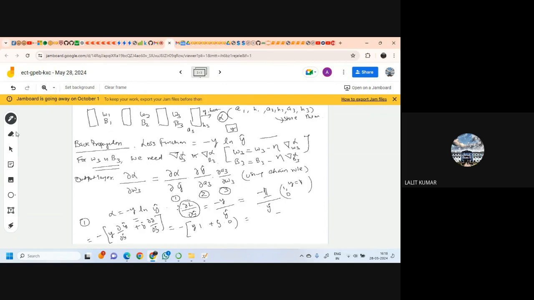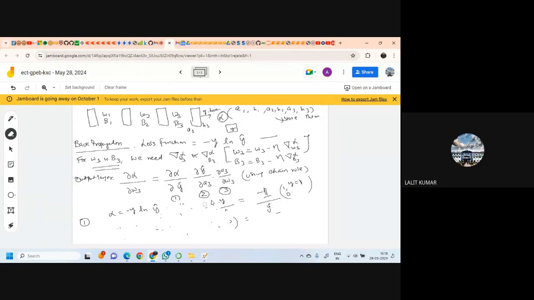Just give me 2 minutes, I'll use the eraser. This differentiation part, del L by del y hat. L was right here. See, y is a constant here.